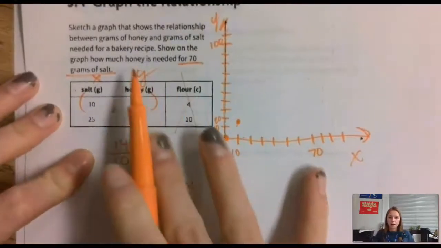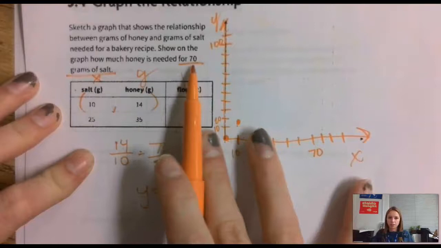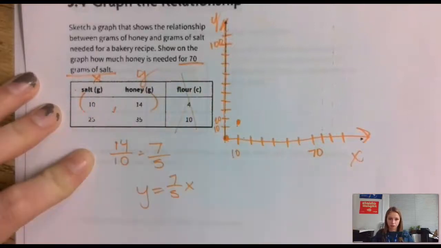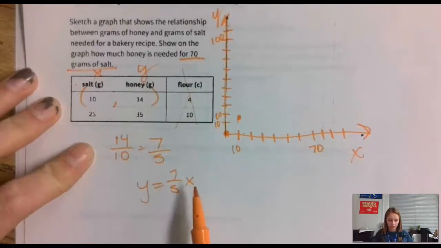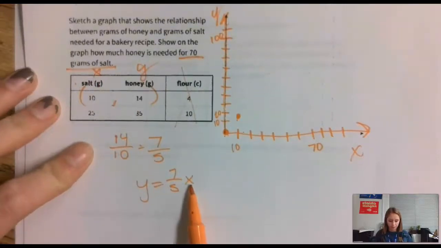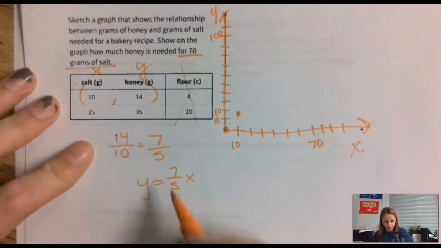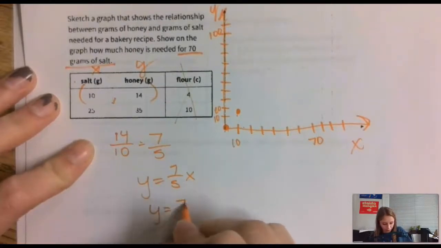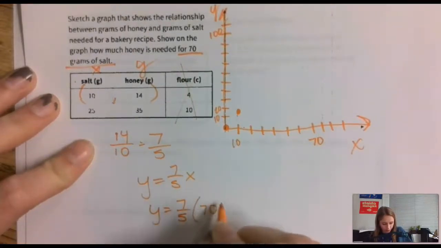Now, how much honey is needed for 70 grams of salt? Okay, so x represents salt, so I'm going to plug in 70 here for x, and if I do that, I get y equals 7 over 5 times 70.